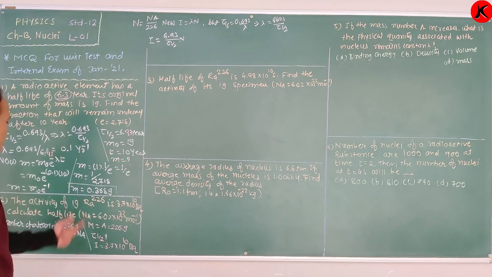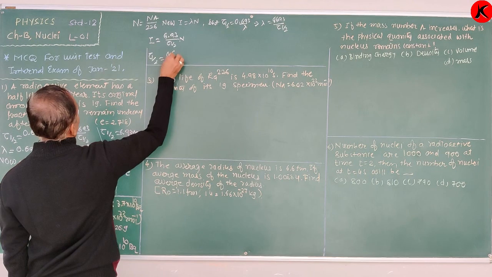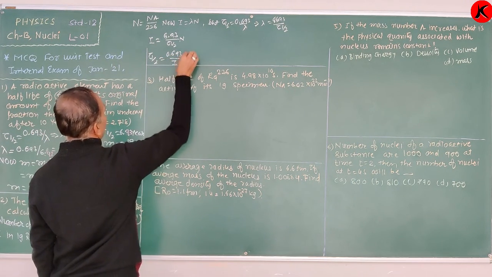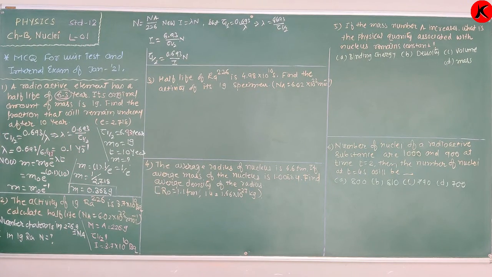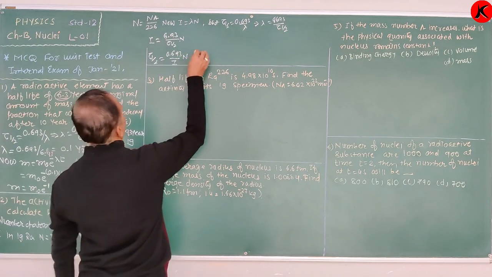We require the tau half. Therefore, tau half is equal to 0.693 N upon activity I. Activity I is given, N we found, so substitute the value.